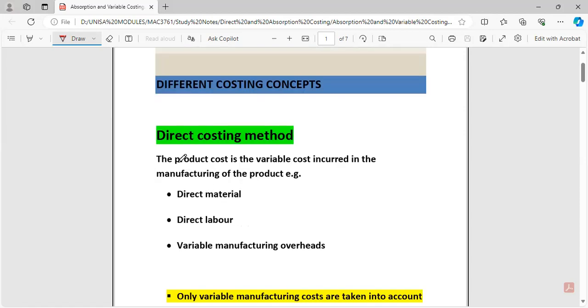Right, so first let's look at direct costing. In other textbooks, they can call it marginal costing.